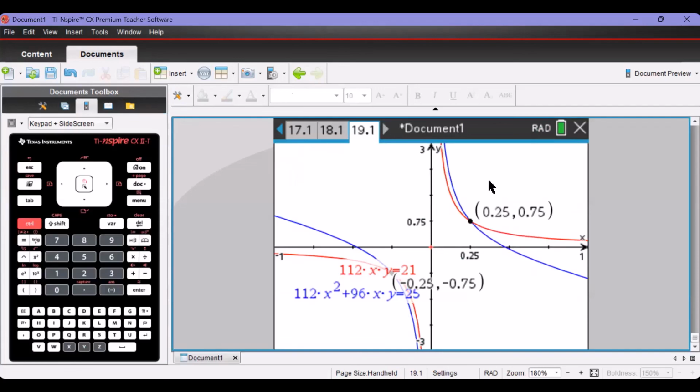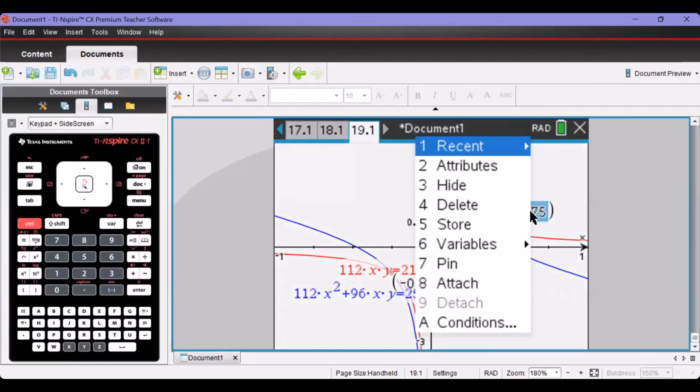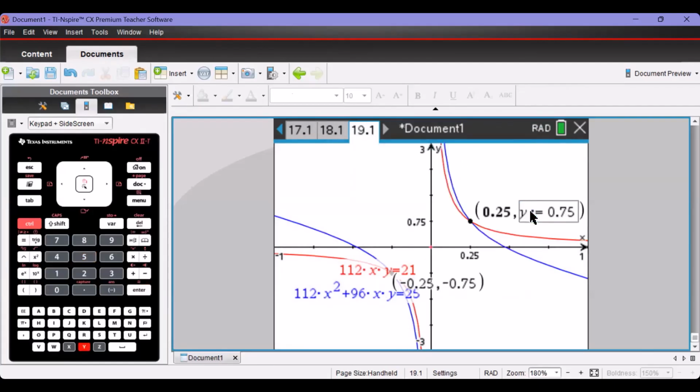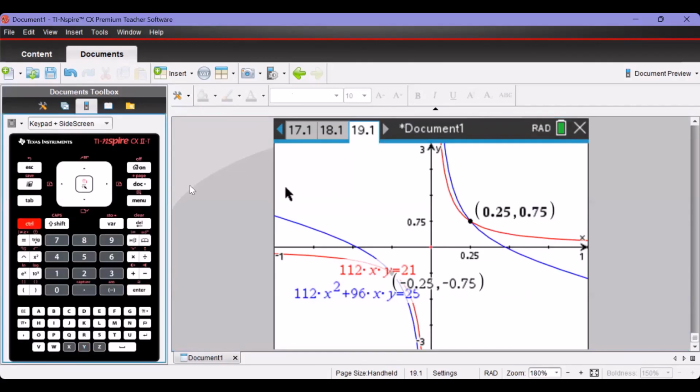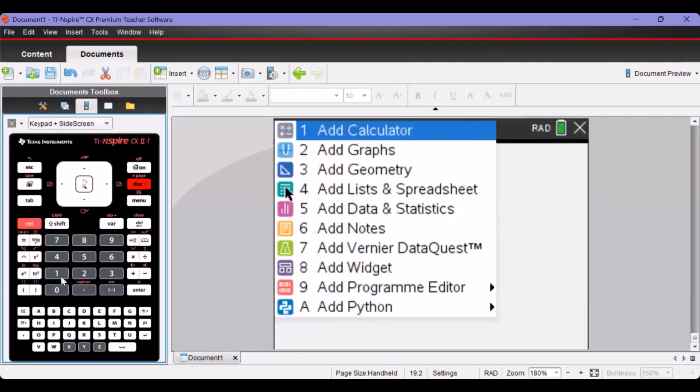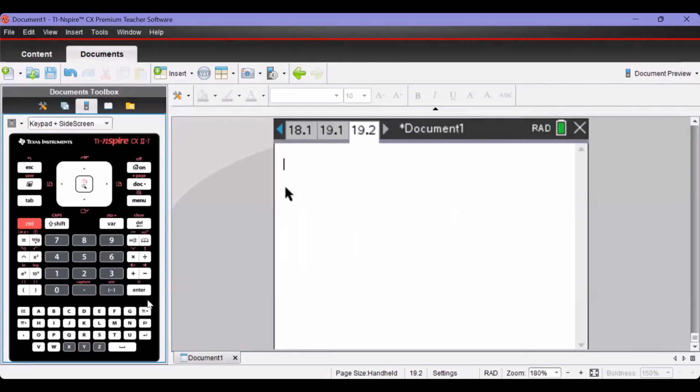What we can do now is we can store this value as X. So press Control menu, 5 for store it as X, press enter, and then Control menu, 5 for store that as Y, press enter. Now let's add a calculator page, press Control Dock, and we'll add a calculator page.